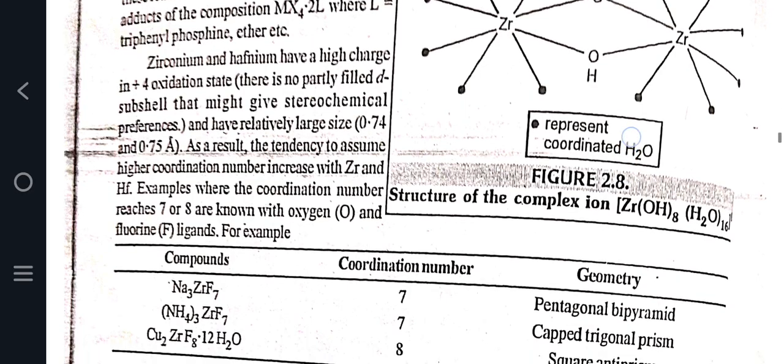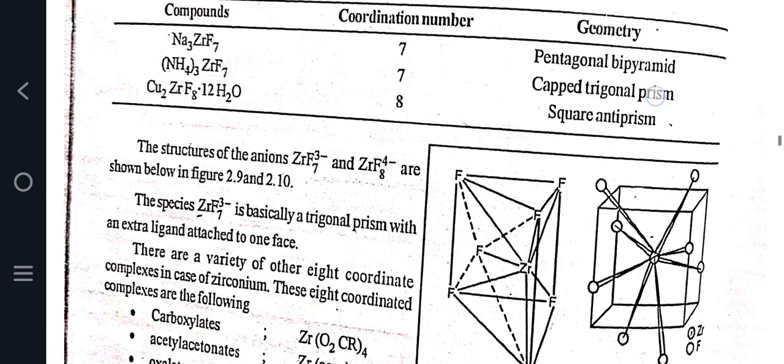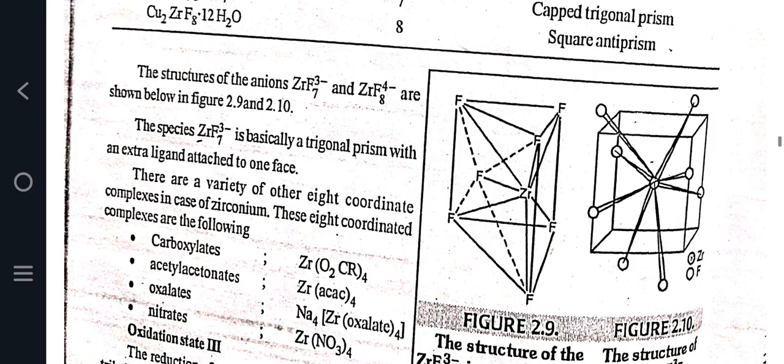For example, the table is given below. The structures of the anions ZrF7 3- and ZrF8 4- are shown below in figures 2.9 and 2.10.